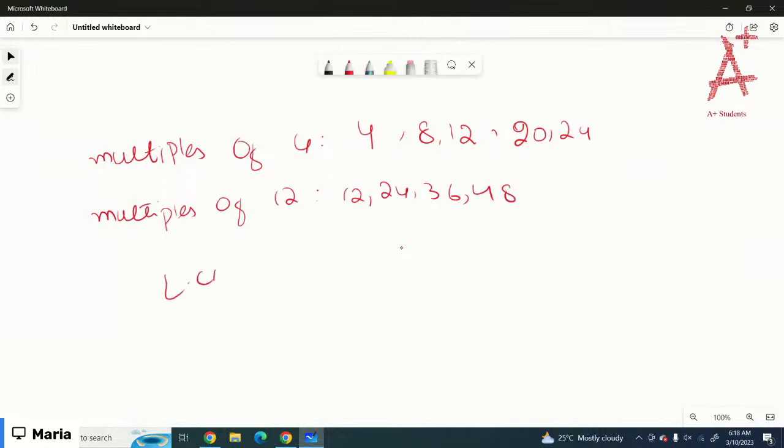So which is the least common multiple? The least common multiple is 12. Got it?